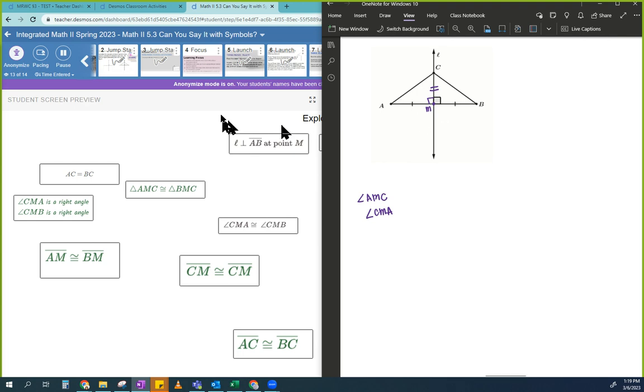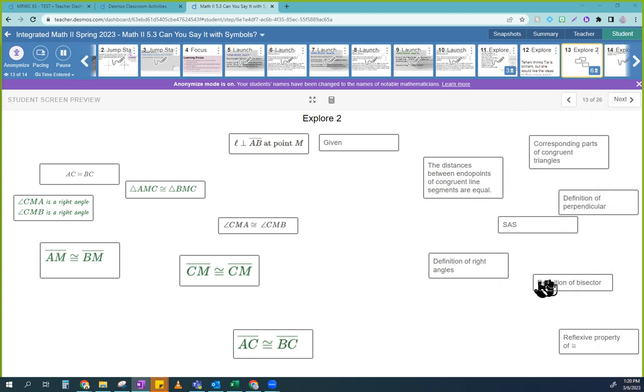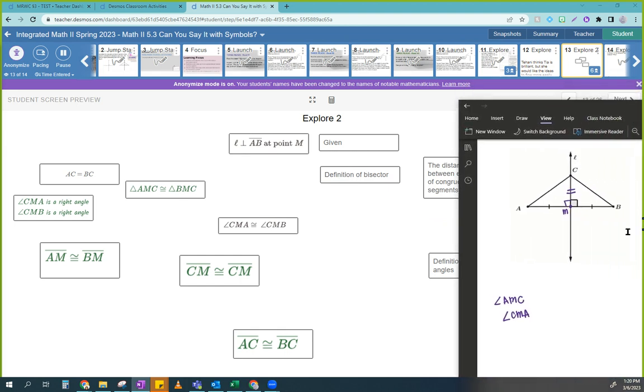Because we know that this thing bisects, what else do we know? One of your classmates said the bisector, that means the second thing we're going to use is the bisector. What do we know if I say, hey, look at this picture, I'm saying this bisects this? What do we know?